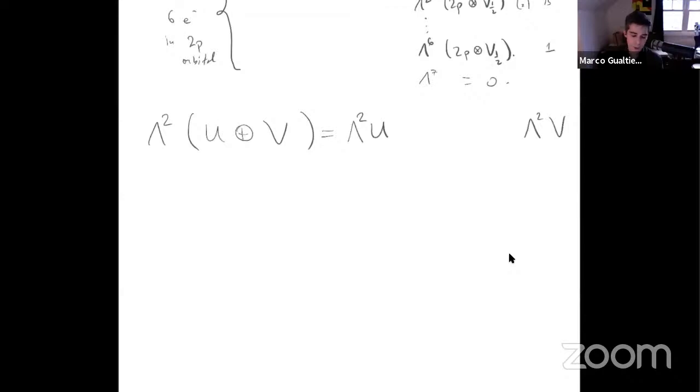But there's also the possibility that you could take, let's say that this had basis E1 up to En for u and F1 up to Fm for v. So this would be Ei wedge Ej. These would be the skew symmetric elements that are built only from u. These would be the skew symmetric states, the fermionic states built only from v.